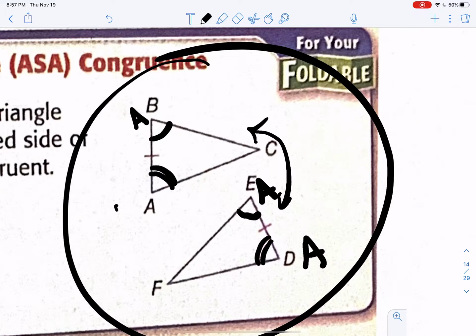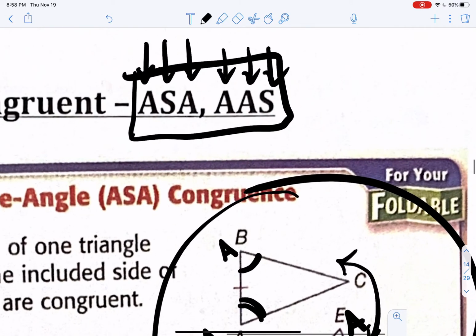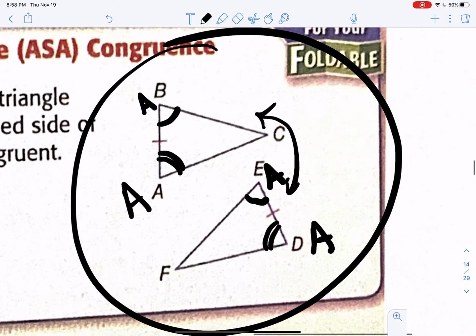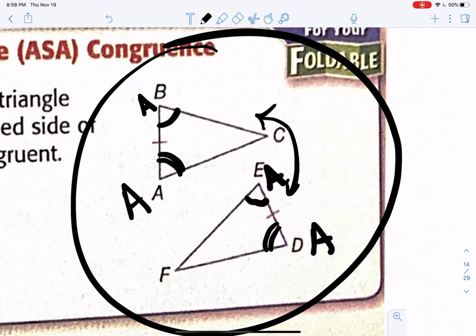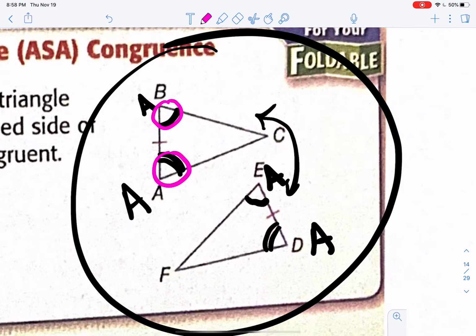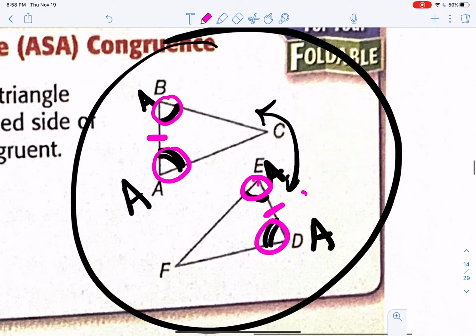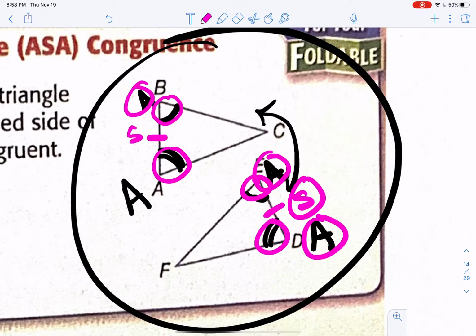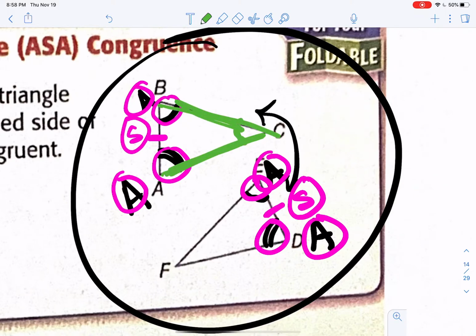That's another angle. In order to be angle, side, angle, the side has to be the side in between the 2 angles. So if I have these two angles right here, the side that has to match is this side in the middle, and that will give me angle, side, angle. By doing that, I don't care about the length of this side, this side, or the size of that angle.